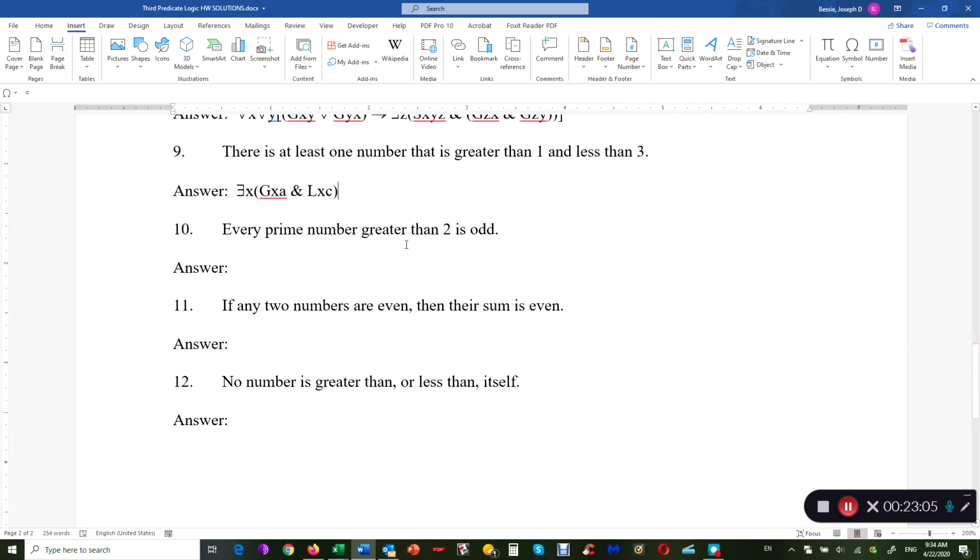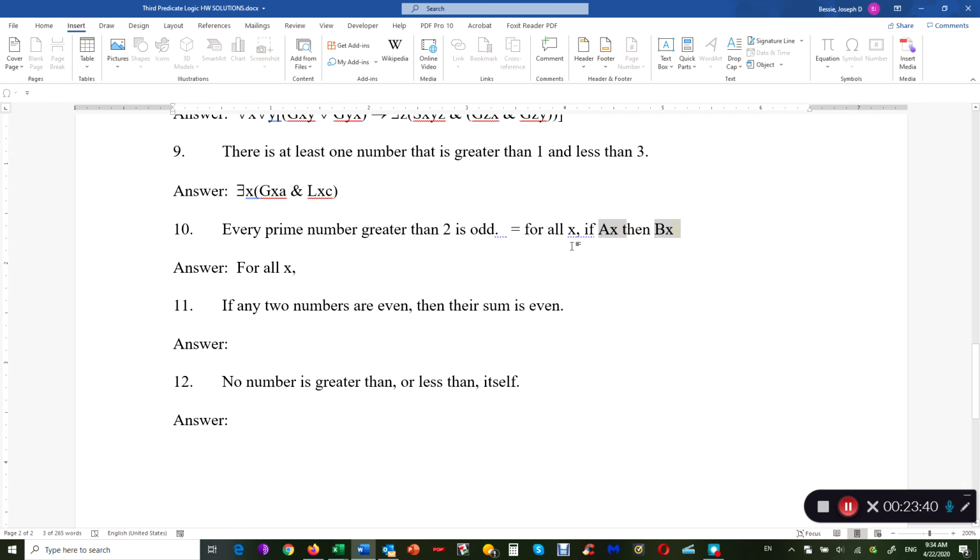Every prime number greater than 2 is odd. So, for all X. As soon as I see every prime number greater than 2 is odd, I'm thinking this shape: all A are B. Whenever I see anything with the form all A are B, I think: for all X, if AX, then BX, where the A and the B are some kind of formulas.